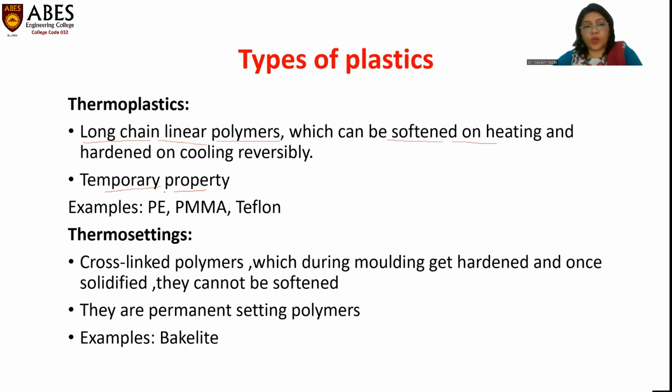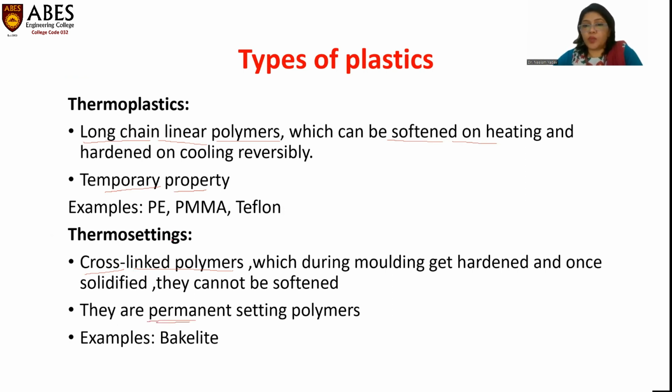Now, thermosettings are the polymers which have cross-linking between the layers. When cross-linking exists between the layers, the properties of the polymers are converted into permanent settings. So whatever properties are obtained by these thermosetting polymers are permanent.